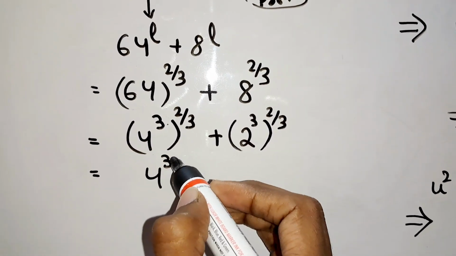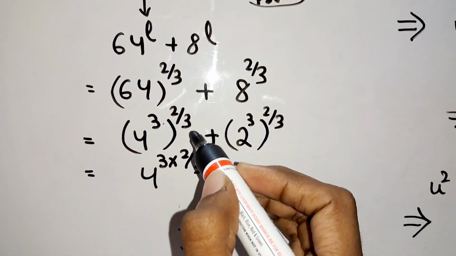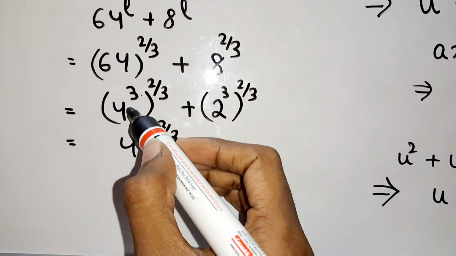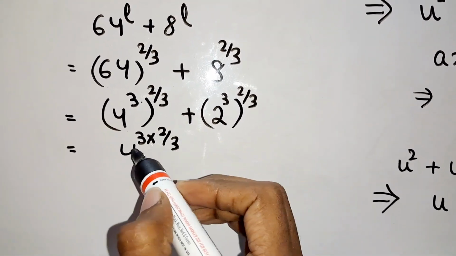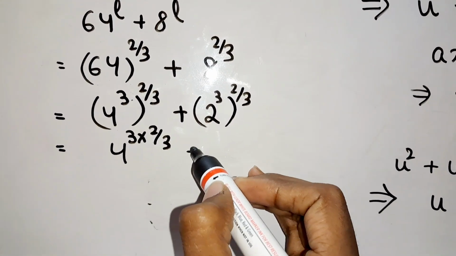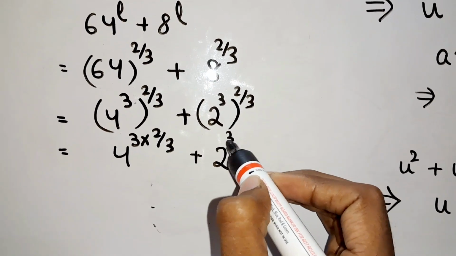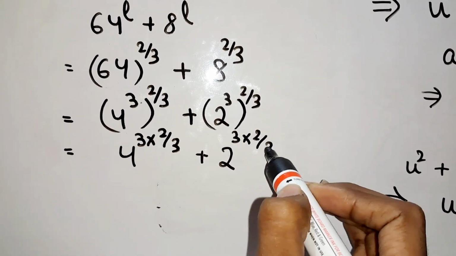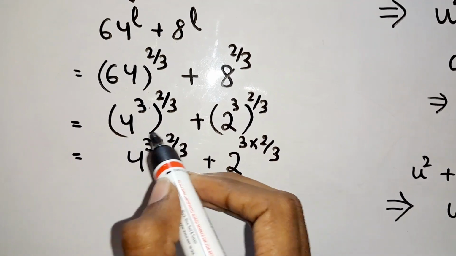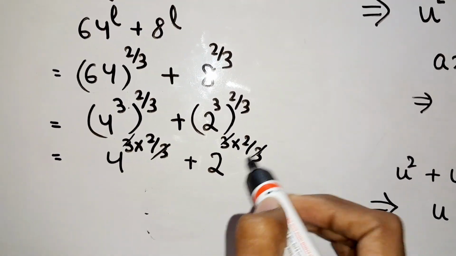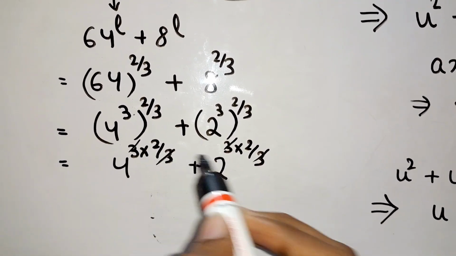So 4^(3 × 2/3). Again, we can use the indices property: (a^m)^n = a^(mn). Same here, (2^m)^n = 2^(mn), and in the exponents the denominator and numerator get cancelled.